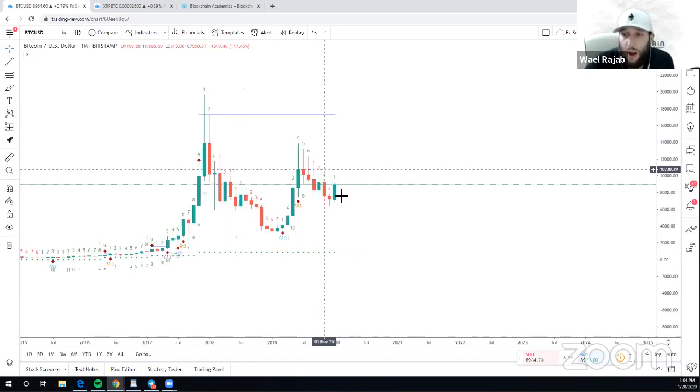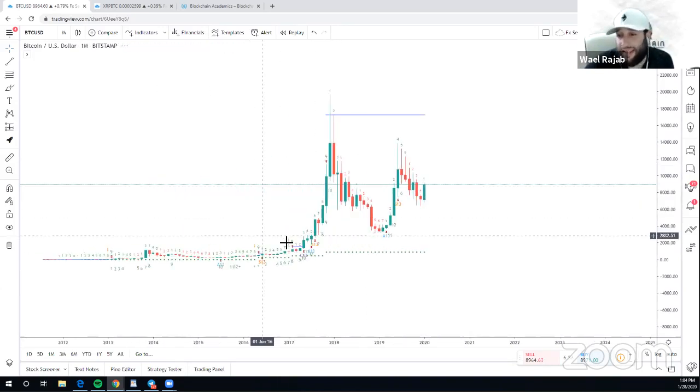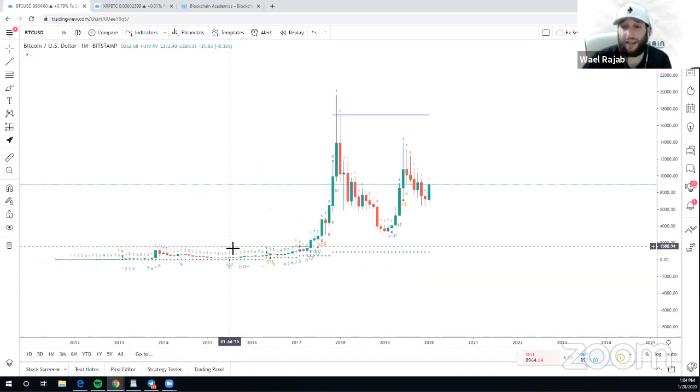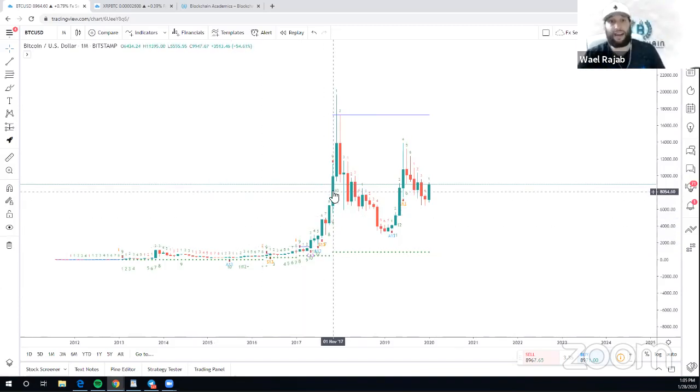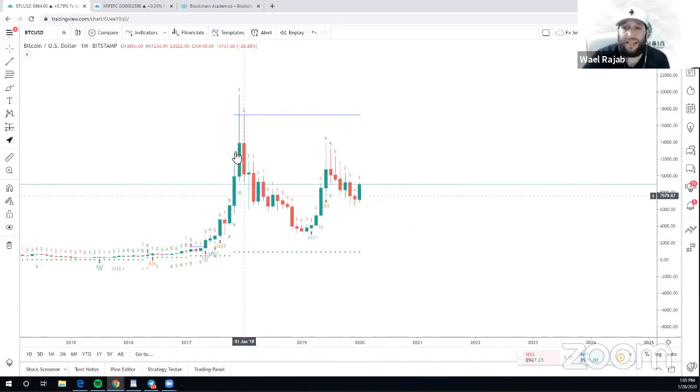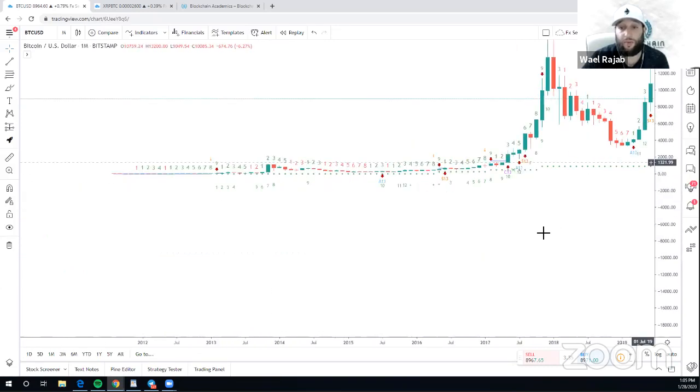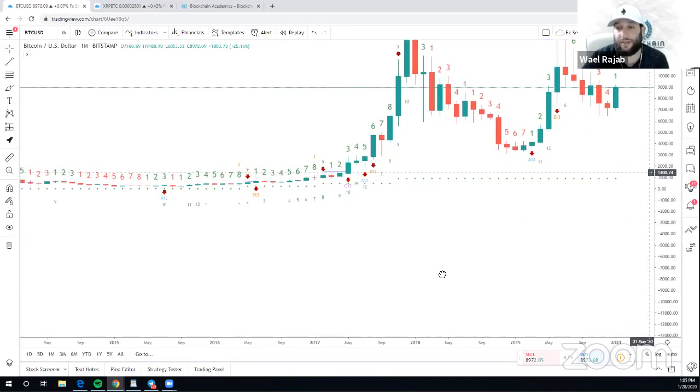So on the 1 month, what I want to see here, if we're looking at a big picture, these are monthly candles. What we can see here is that we placed a high, we placed a lower low, and now we place a lower high. Actually, this makes more sense.